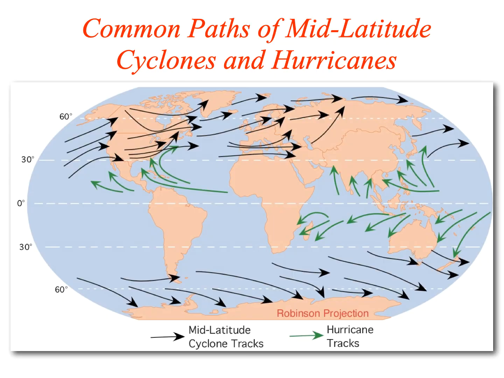The following diagram shows some typical paths of mid-latitude cyclones in comparison with hurricanes. So notice the most obvious thing is that mid-latitude cyclones tend to move from west to east. Hurricanes often have an east to west direction in their movement.